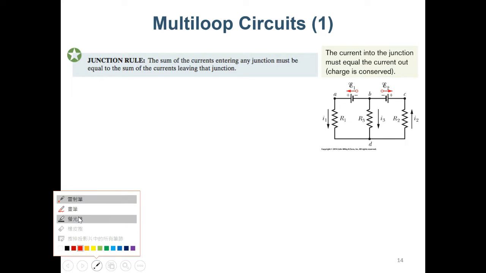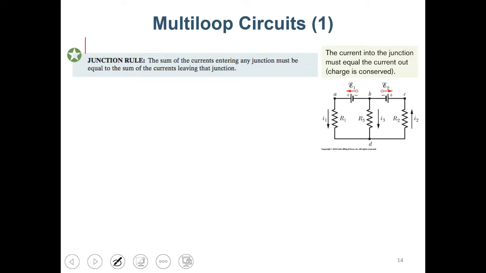So we try to learn the multi-loop circuit, and here the textbook introduced the junction rule, and I usually call it KCL, Kirchhoff current law.